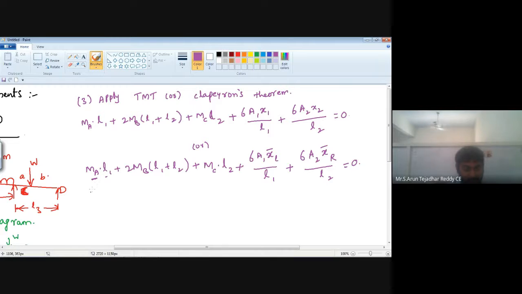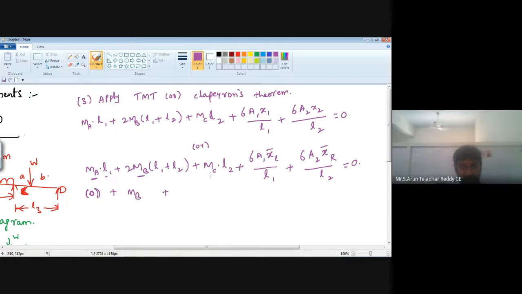If it is simply supported, then directly it is 0. Next, MB is an intermediate support, so MB is an unknown value here.